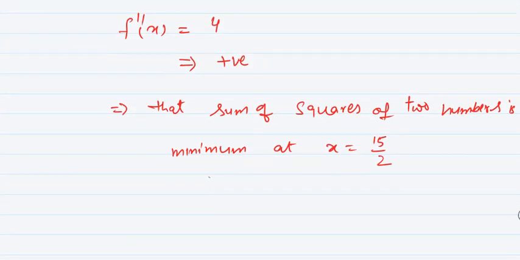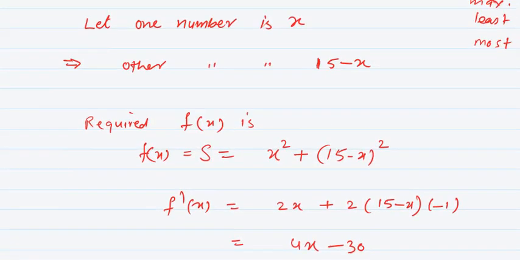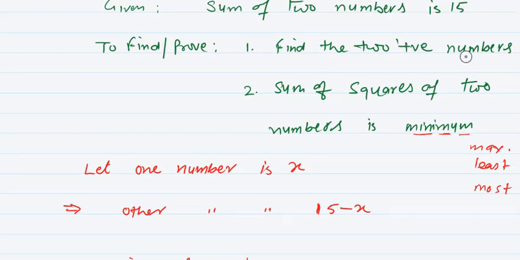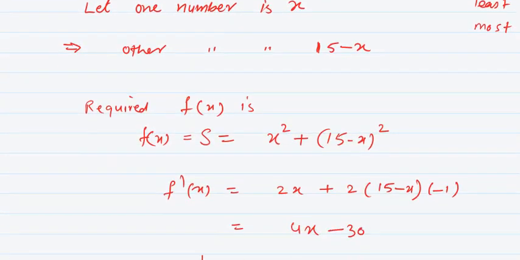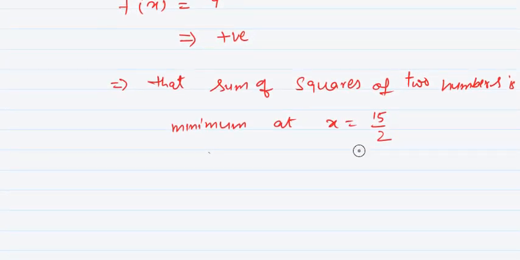Okay, so now the second part that we need to do is to find out the two positive numbers. One part we have done, that the sum of squares is minimum. The second part is to find the two positive numbers. So one number is x, so here one number is 15 upon 2.